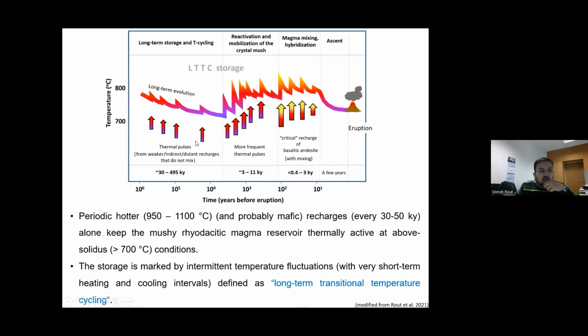And the storage is marked by multiple intermittent temperature fluctuations like these, which consist of short-term heating and then immediate coolings, which we define as long-term transitional temperature cycling.